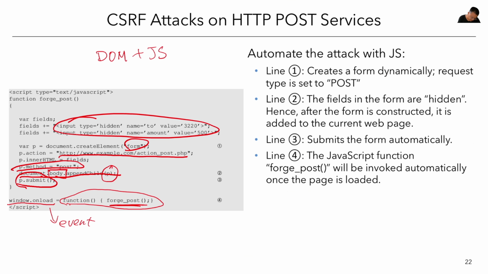Okay, so here, if you look at this, right, this is actually assign the unload to a forge request. This will actually be a function. Okay, so let's not talk about this in details, right? But it's just a part of the JavaScript.